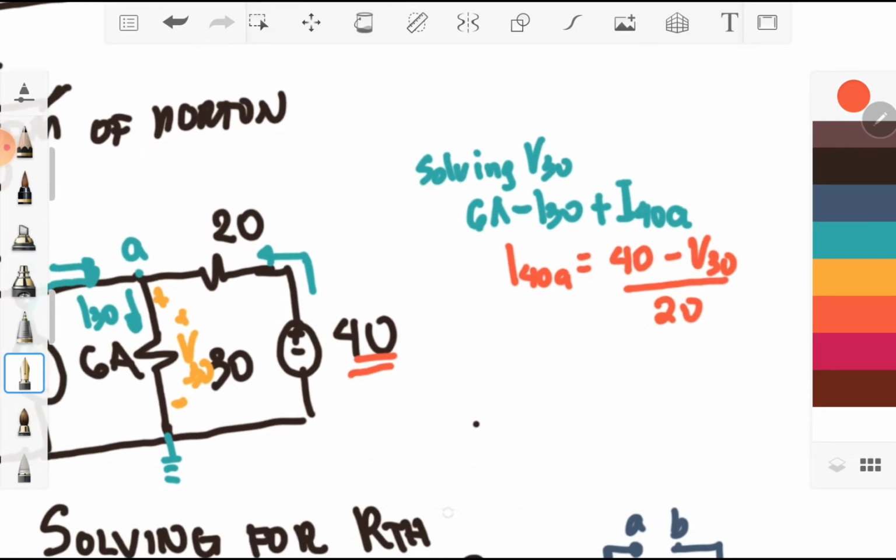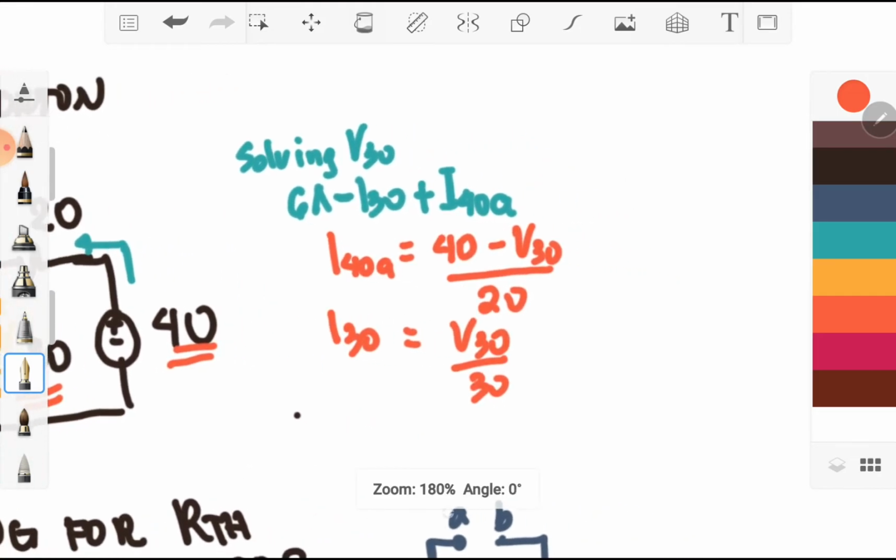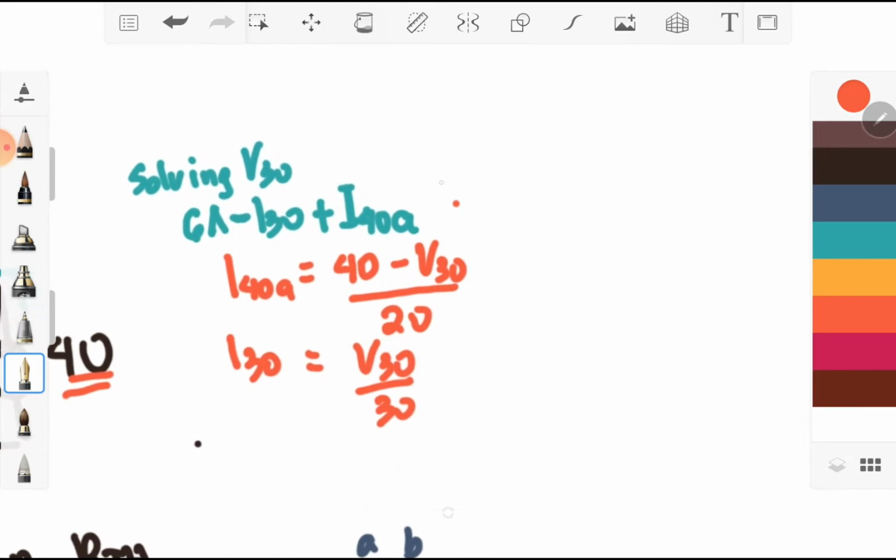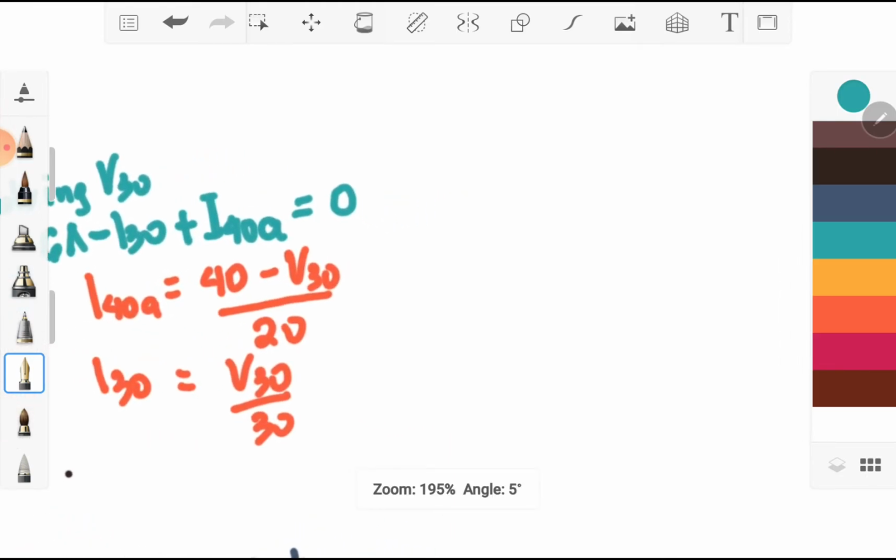Okay? And then your I30 is equal to V30 all over 30 ohm. Okay? So therefore, take note that the sum must be equal to 0, because it is the conservation of charges.